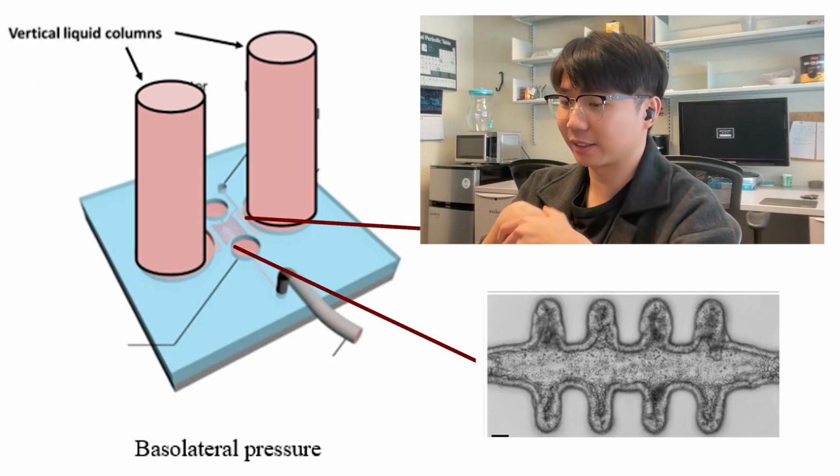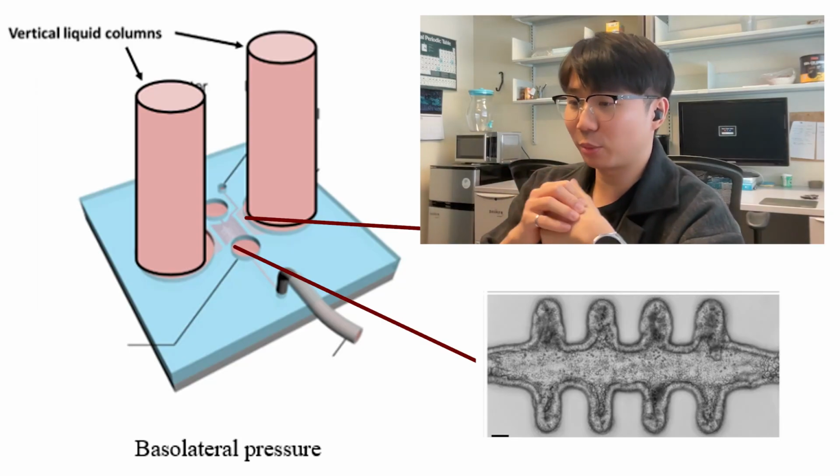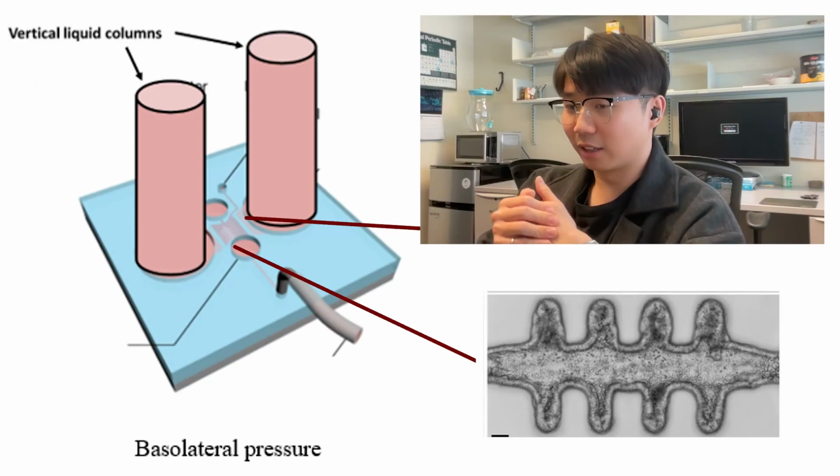We wouldn't have a gradient of pressure across the membrane, and that's what we really need for my project. So for the placenta project, that was just your regular clump of cells, is that right? And now you have your unique shape that you developed.